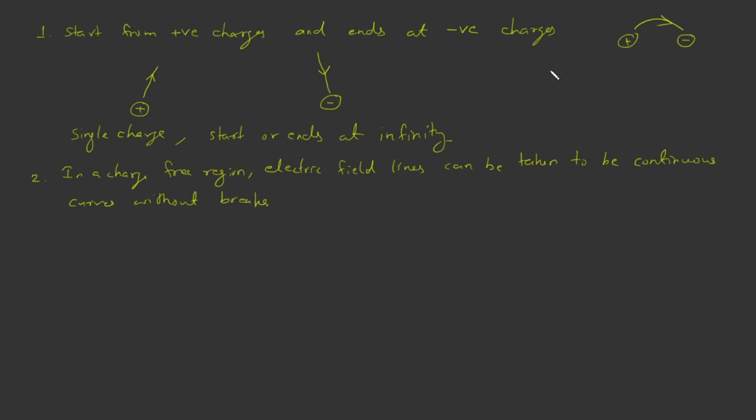So, if there are no charges in a region, the electric field lines are continuous without any breaks. That is the second property.